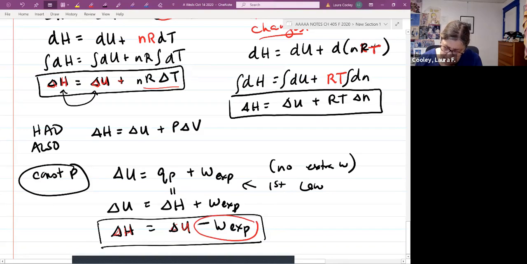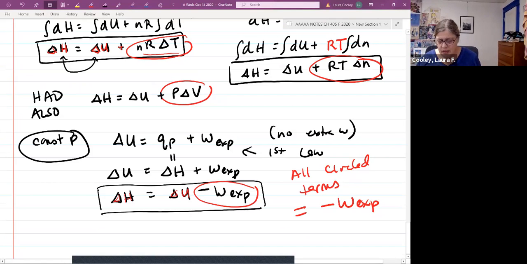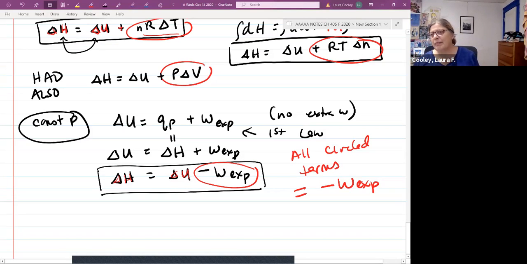So that means that each of these circled terms are the negative of the expansion work. So you can always remind yourself that delta H and delta U would be the same if it wasn't for expansion work.